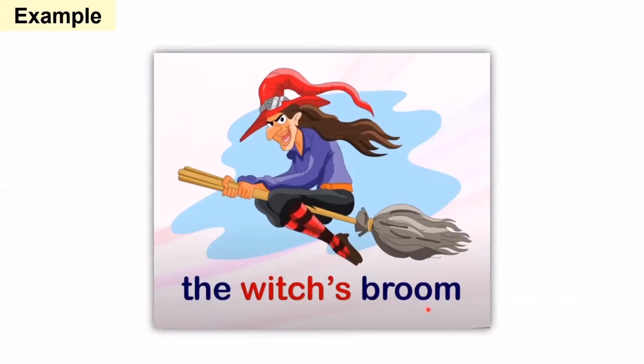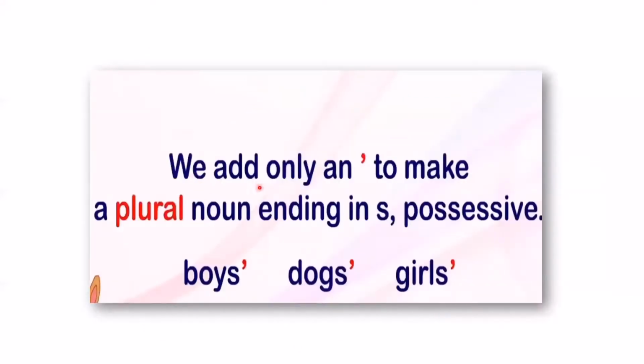Clear? Next, we add only an apostrophe to make a plural noun ending in s possessive. For example, boys', dogs', girls'. So children, in this case, when a noun refers to more than one, जब कोई भी noun हमें more than one के बारे में denote कर रहा है, information दे रहा है, बता रहा है, and that noun is ending with s, और वो noun किससे end हो रहा है?